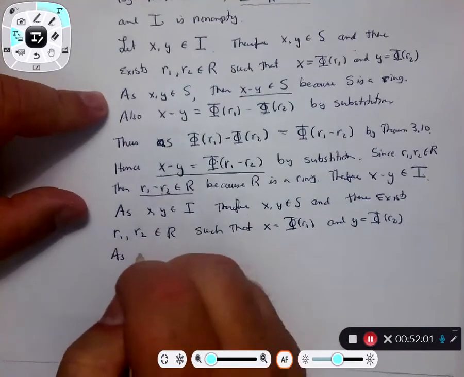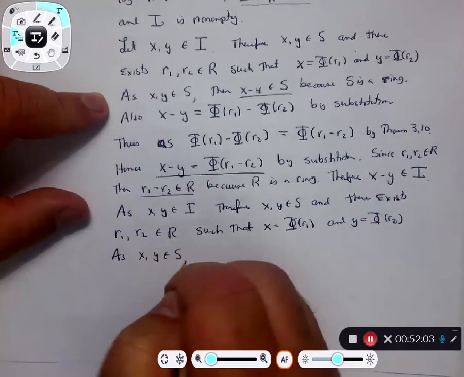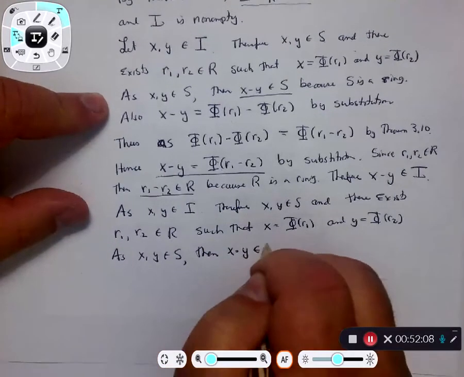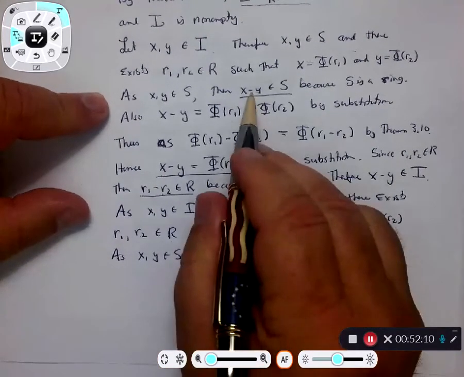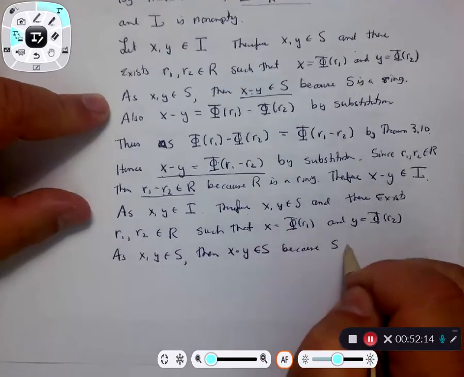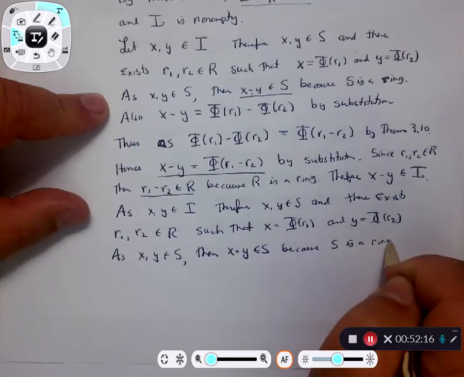As x and y are elements of S, then x times y is an element of S, changing the subtraction to multiplication, because S is a ring, and rings have closure.